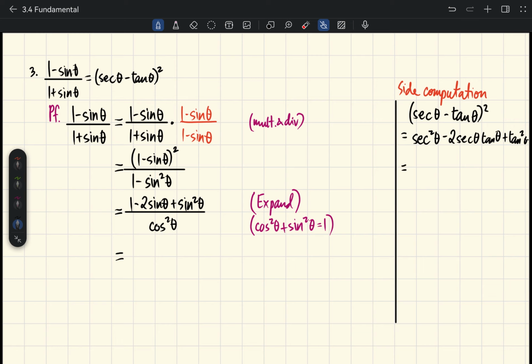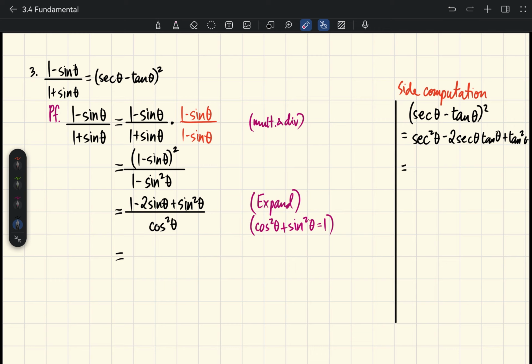But what's this one? Maybe we can write this into expressions in terms of sine and cosine theta. So why do we want to write these in terms of sine and cosine theta? That's because this expression right here where we're stuck are expressions in terms of sine and cosine theta.